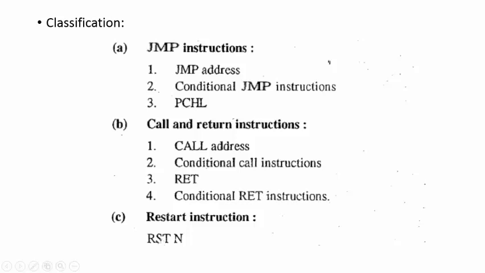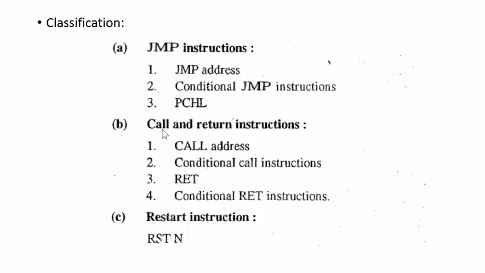The second one is the conditional jump instruction. In this case, the processor will check the status of the flag bits. If the condition is true, then it will change the program sequence. Otherwise, it will continue with the next instruction.